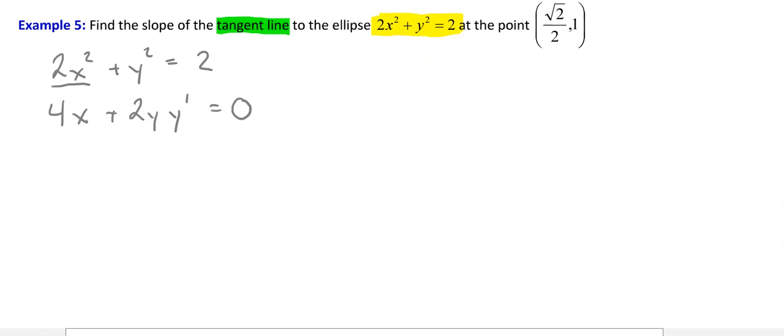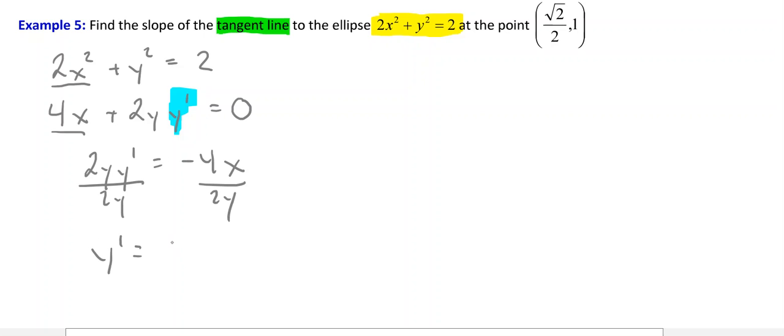The next thing we want to do is solve this for y prime. To do that, we're going to take 4x and subtract it to the other side. So we have 2y y prime equals negative 4x, and then dividing by 2y, we have y prime is equal to negative 4x over 2y, which simplifies to negative 2x over y.